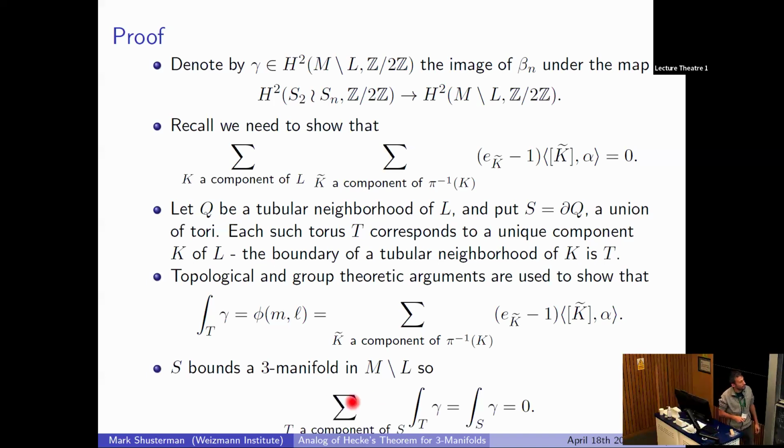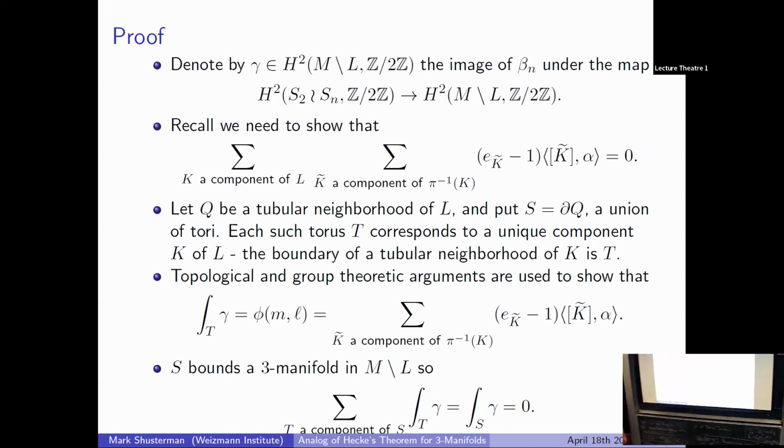But then you can write this as an integral of gamma over S. But because S bounds a 3-manifold inside the complement, you necessarily get that this is 0. Yeah, I think that's basically it. Okay, I stopped.